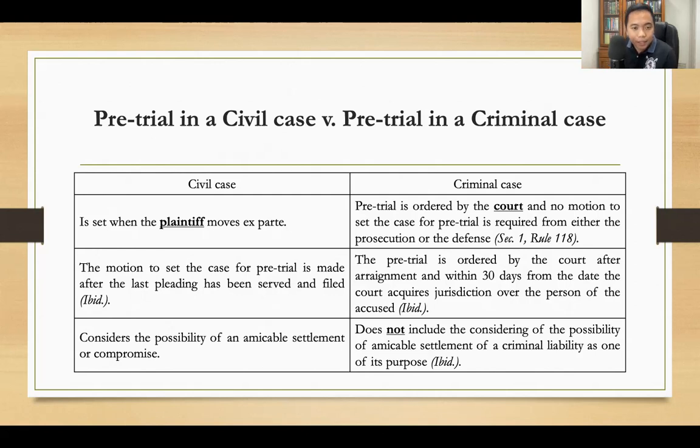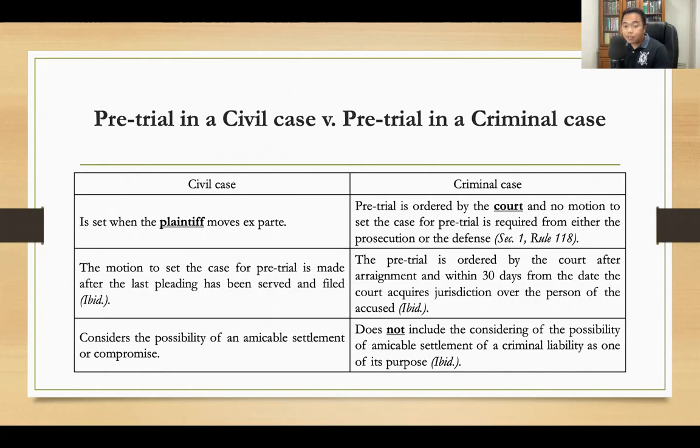Okay. Now, what is notable among the distinctions is that in a civil case, the court will consider the possibility of amicable settlement, or what we call a compromise agreement. Now, in a criminal case, amicable settlement or compromise agreement is not among those matters which are dealt with in pre-trial. Why?